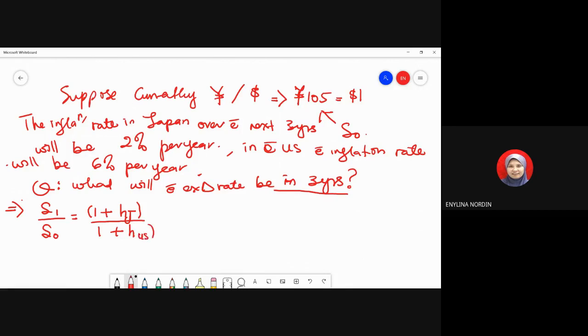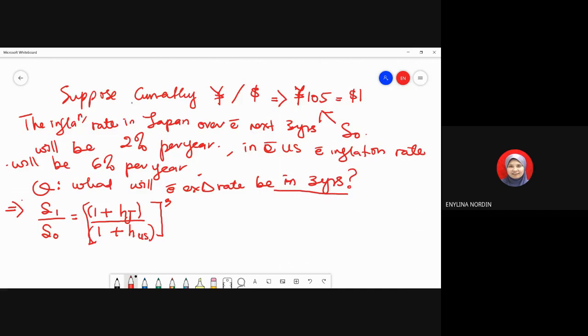But the question is asking you for 3 years time. In 3 years time, what will happen? Then you can simply put here, for the next 3 years, to the power of 3.